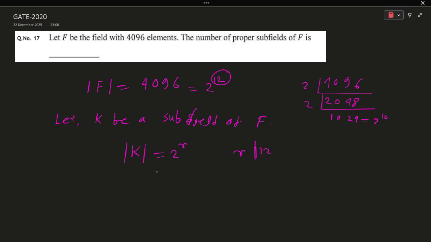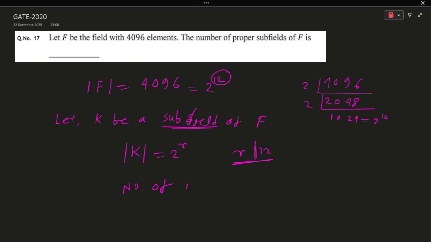ओके सो कितने सारा सबफील्ड मिलेगा? सो द नंबर ऑफ, इसको नोटिस कीजिए r डिवाइड 12। सो r कितने सारा मिलेगा? सो tau of 12, that means positive divisor of 12.